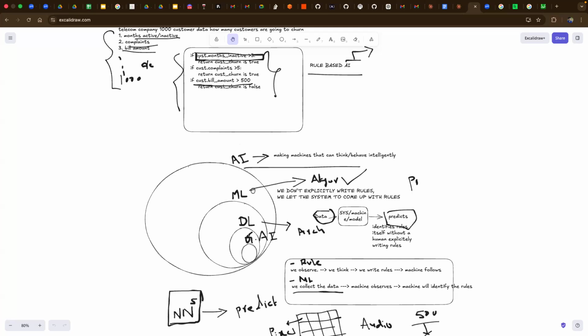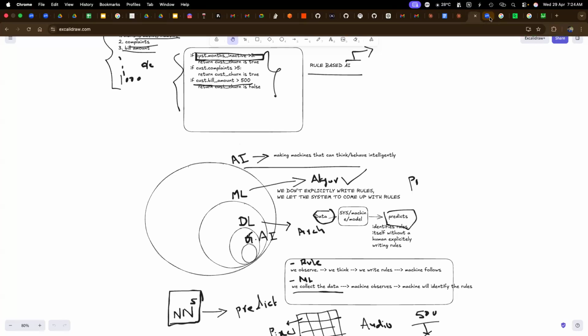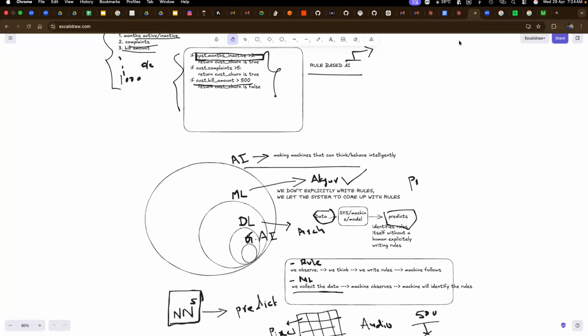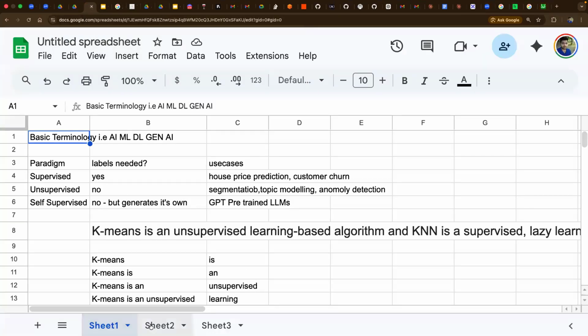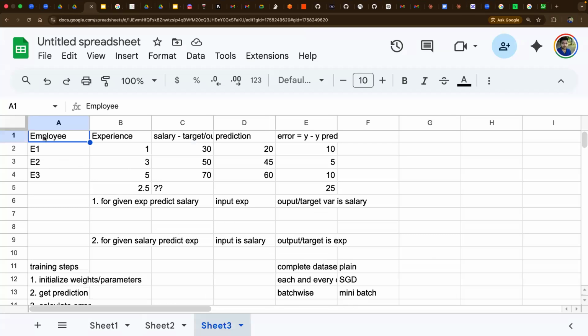That is deep learning. In machine learning, we work with a structured data set like tables, that is columns and rows. Let me go back here, that Excel sheet, where we have data which looks something like this. If you want to draw any insights or predict something from the model, then we use machine learning.